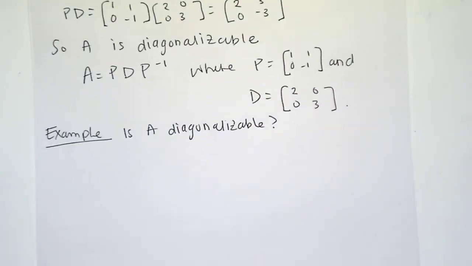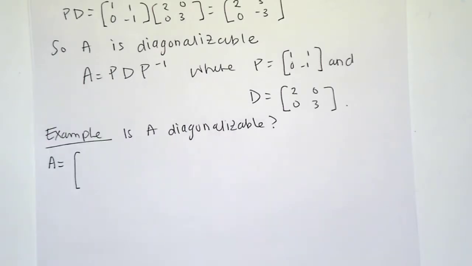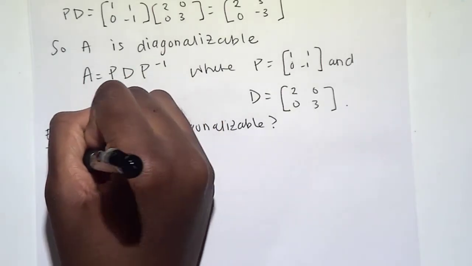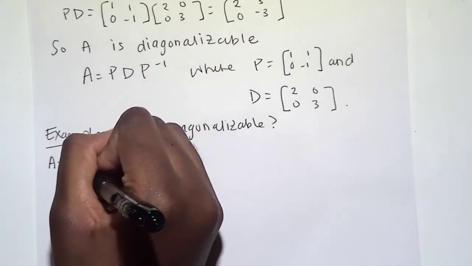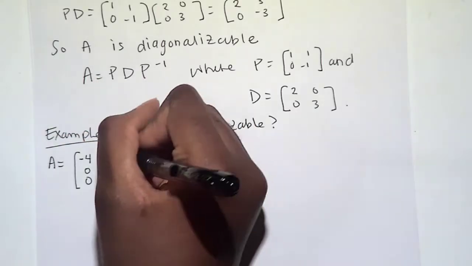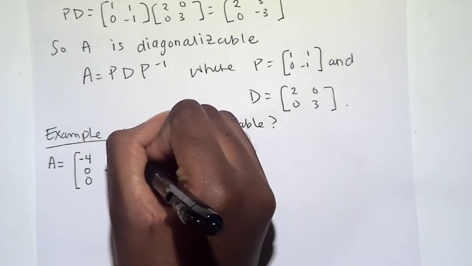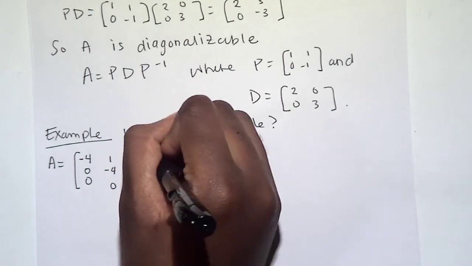Let's do a bigger matrix, a 3 by 3. Down the columns, I have -4, 0, 0, 1, -4, 0, and 0, 0, 7.